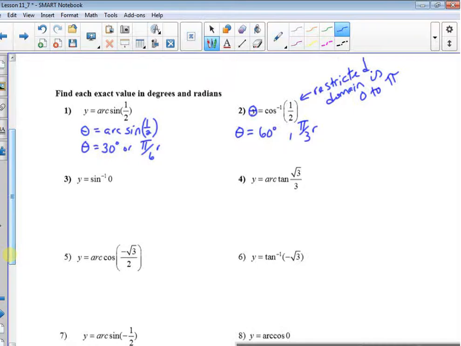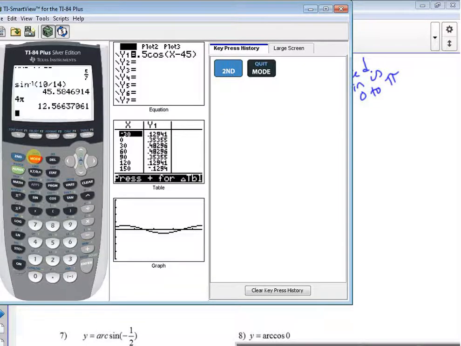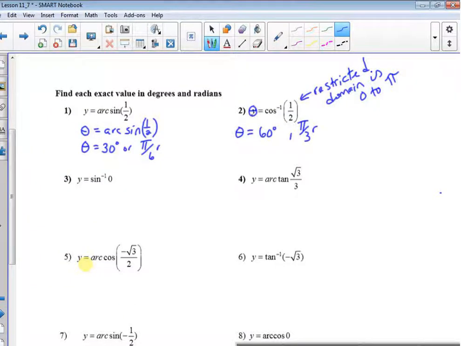For number 3, second sine, so to the home screen. Second sine 0 is 0. So again, theta is equal to 0 degrees or 0 radians.